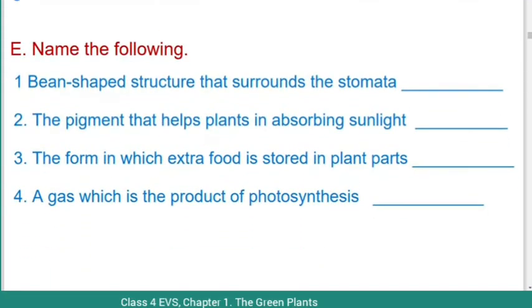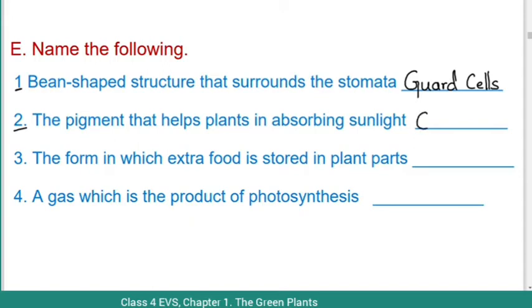Section E, name the following. First one, bean-shaped structure that surrounds the stomata. That is guard cells. Bean-shaped structure that surrounds the stomata is guard cells. Second one, the pigment that helps plants in absorbing sunlight.